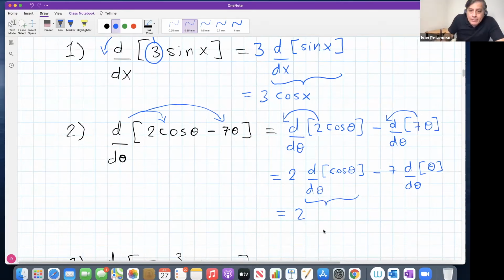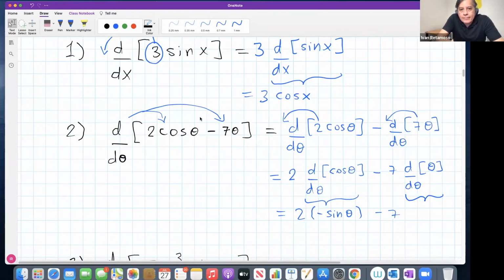Minus sine of theta. Very good. And this is minus 7. What's the derivative of the identity function? Anyone in the chat? Yeah, Grace, very good. We have this: minus sine of theta. And here, the derivative of theta, since it's the identity function, what should that be? Anybody in the chat?